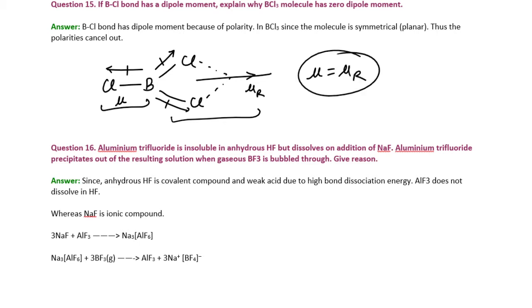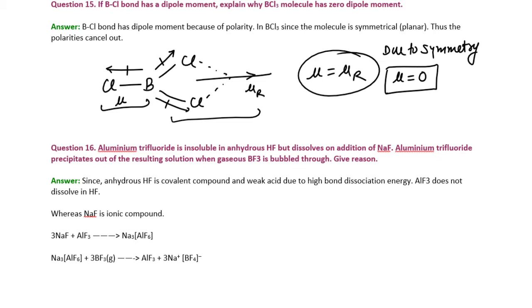Net polarity due to one BCl is equal to net polarity due to two BCl, and they are equal and opposite to each other, and due to this symmetry, or we can say due to symmetrical distribution of these polar bonds, net polarity is equal to 0. Net dipole moment is 0 because dipole moment is a vector quantity.